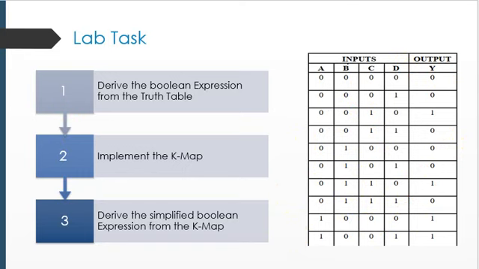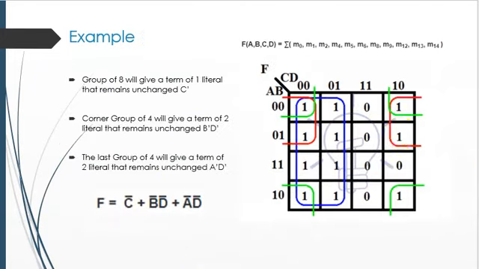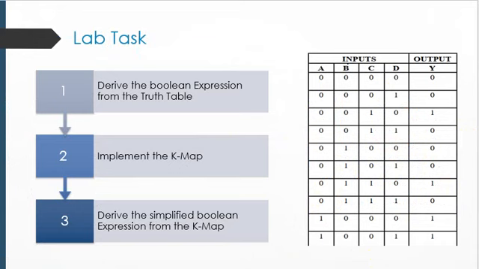Apply these rules in your given lab task, and then map these into your 4 variable K-map. Consider this 4 variable K-map. The general form of the 4 variable is like this, and then implement and derive the K-map output equation.